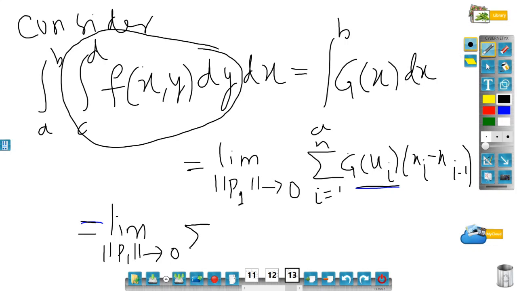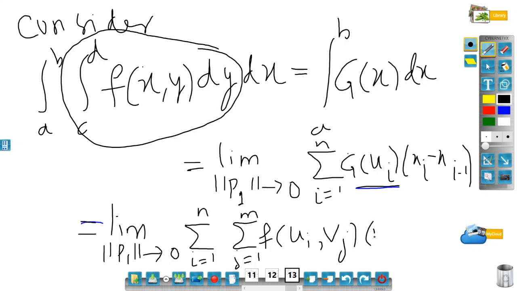So summation i goes from 1 to n, summation j goes from 1 to m, f of ui comma vj, then xi minus xi minus 1 into yj minus yj minus 1.